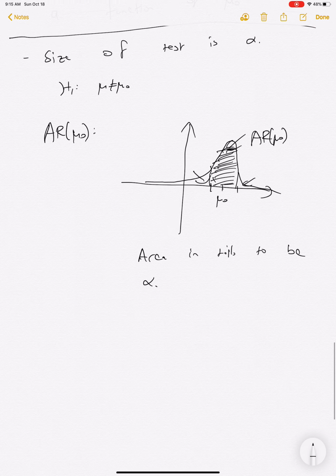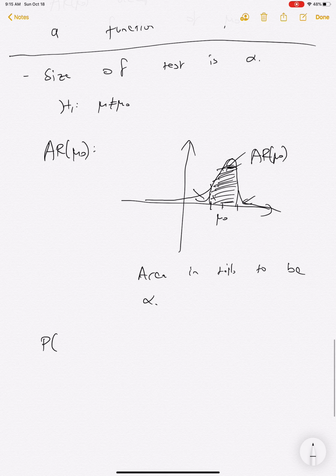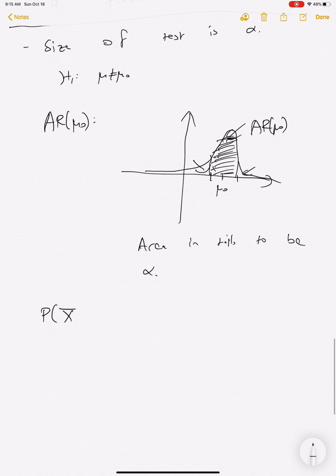Because you want the probability that X bar is not in the acceptance region to equal alpha, and this is under H naught. Okay.